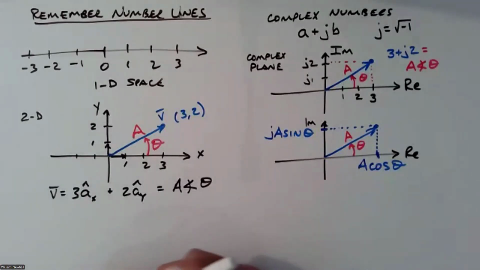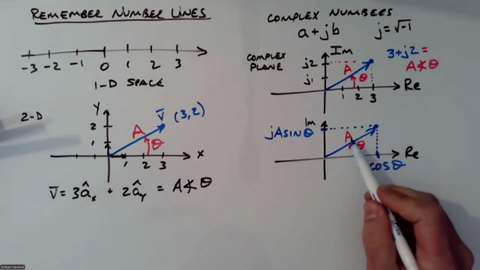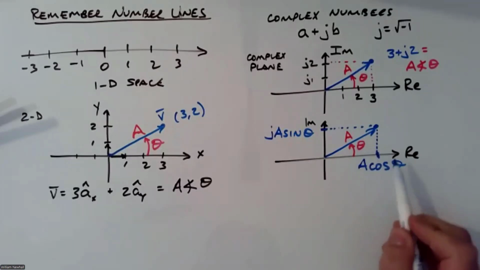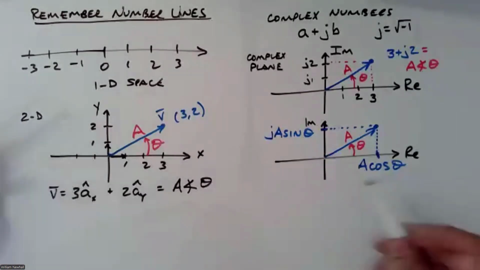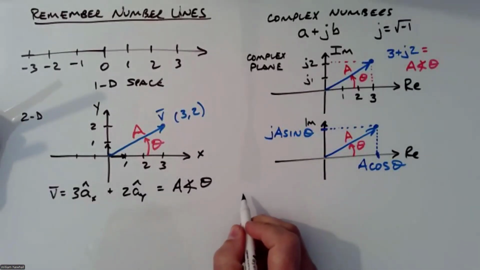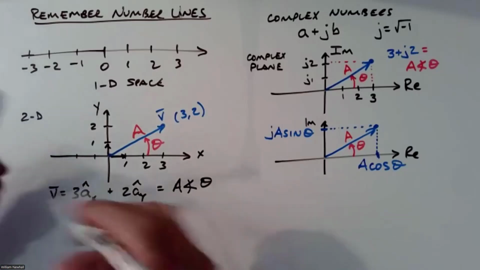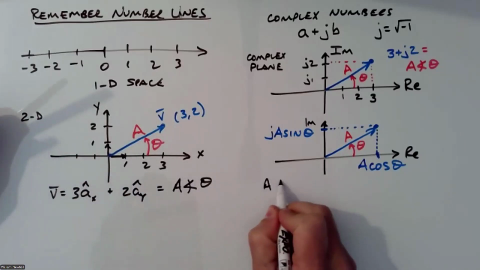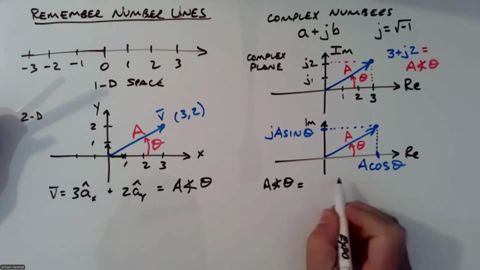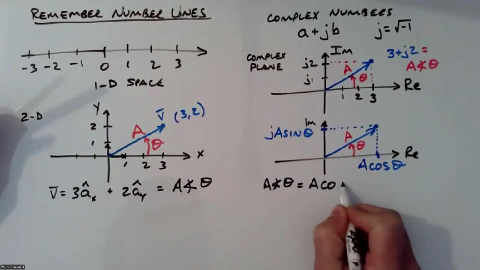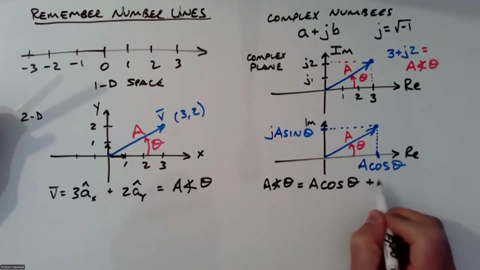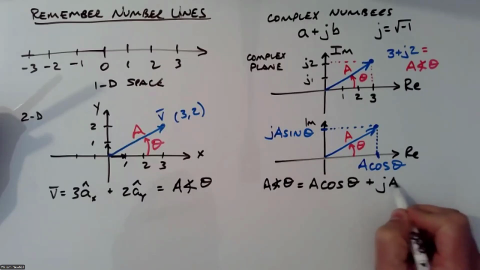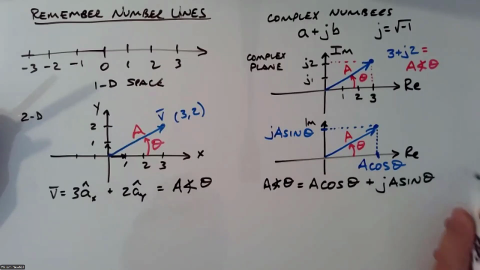So right here, I'm showing how to relate A at an angle of theta, polar, to the Cartesian values along the real and imaginary axis. I could write A at an angle of theta equals A cos theta, the x part, plus the y part, j A sine theta.